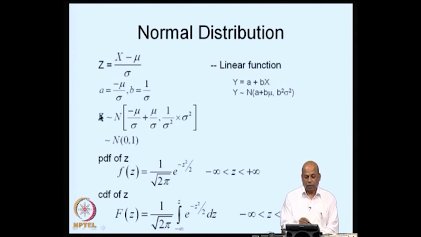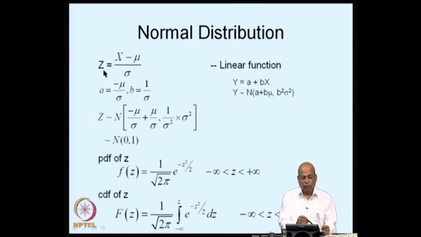So, you get the parameters of the normal distribution that z follows as 0 and 1, and this becomes an extremely handy result, because once we have this transformation z is equal to x minus mu over sigma, z follows a normal distribution with 0 mean and unit variance, and therefore, we should be able to define the CDF of z and use the integration to obtain the associated probabilities on x.